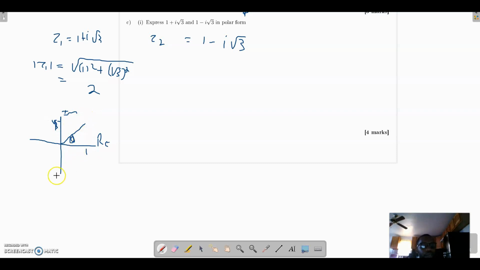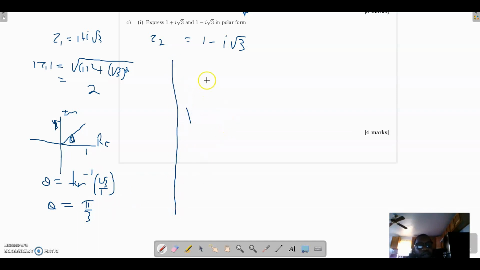All right, so theta is simply just going to be tan inverse of root 3 over 1. Theta is simply equal to, now you have two options. You can put this inside your calculator, or you can draw your triangle. Now when you tan inverse root 3, you're going to end up with pi over 3.